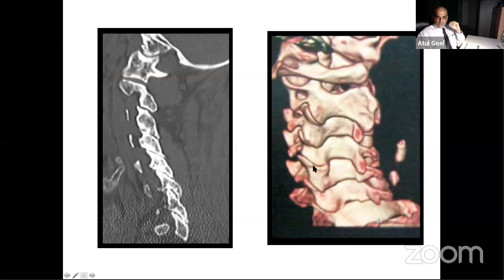You see, the facetal articulation is quite strong, and it is located laterally, and you cannot see this on the MRI because it is not near the neural structures. What you see is the buckled posterior longitudinal ligament and the buckled ligamentum flavum.